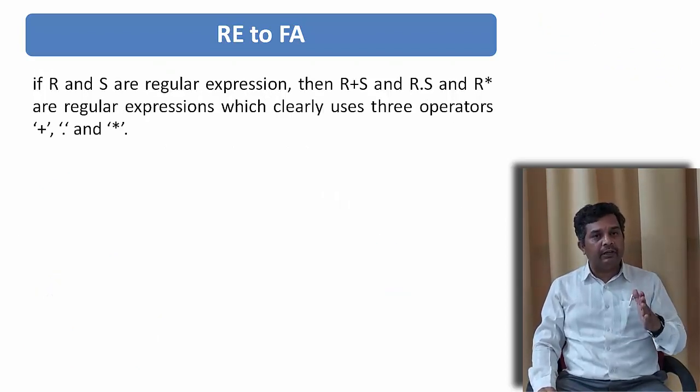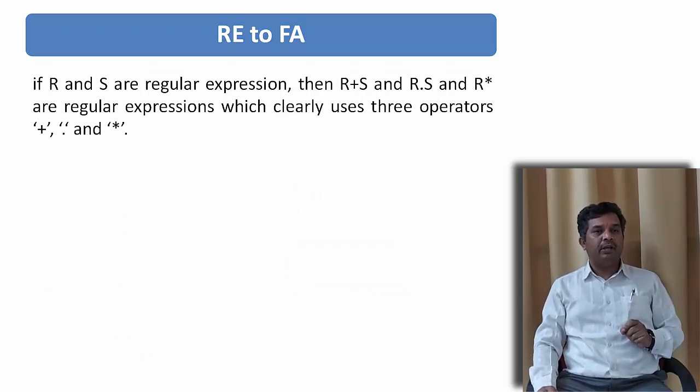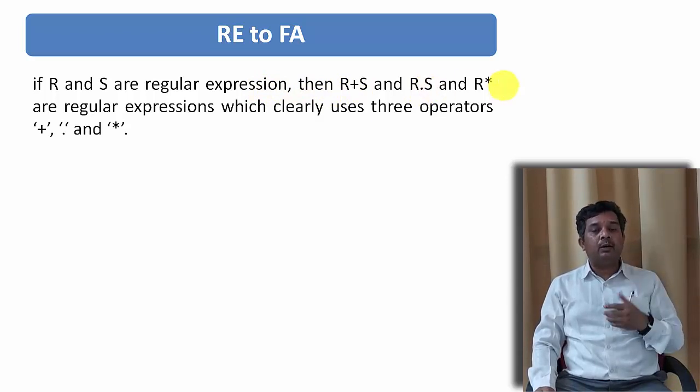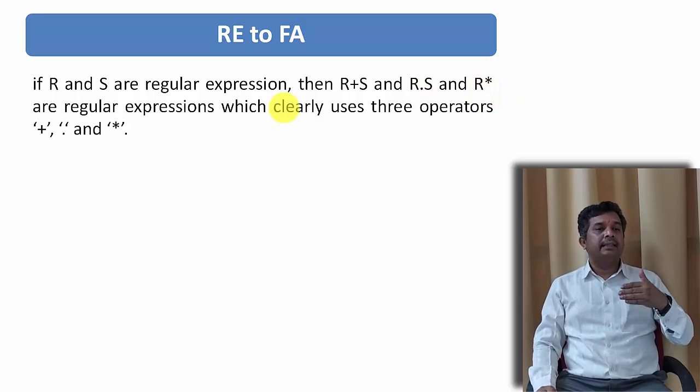Before trying to convert the regular expression, these are the few things that we must know. If R and S are regular expressions, then R plus S, R concatenation with S and Kleene closure of R are also the three operations that give me a regular expression.